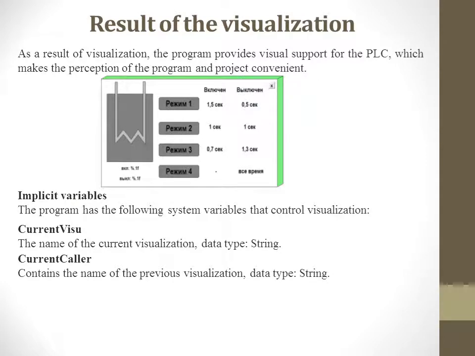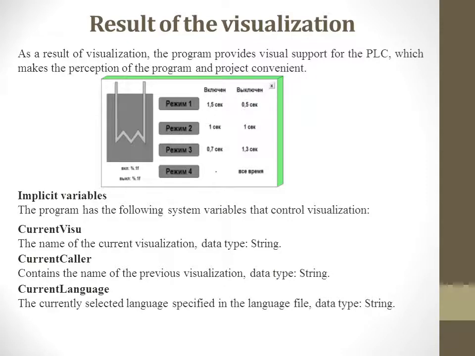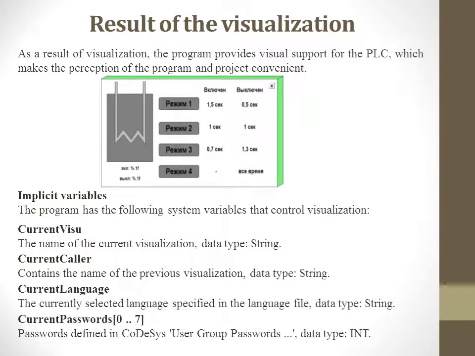Current color contains the name of the previous visualization. The data type is also string. So current language, the currently selected language specified in the language file, and the data type of this variable is also string.